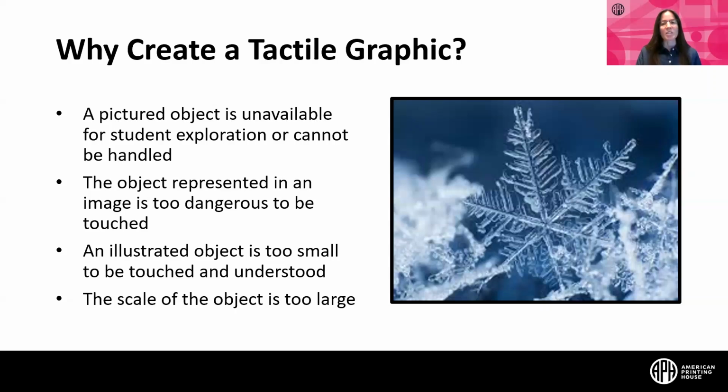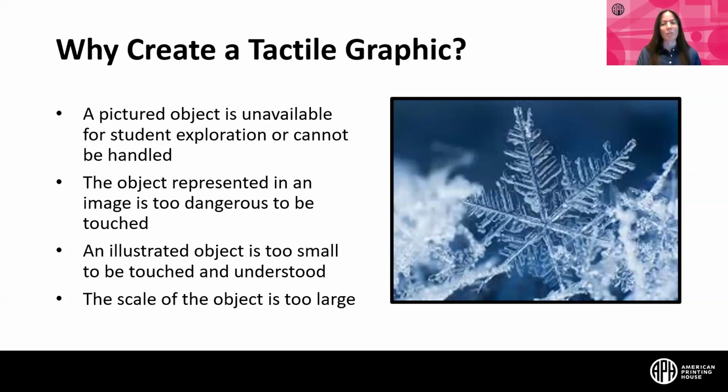However, it's not always necessary to represent print graphic information in a tactile graphic format. And there are some very specific academic reasons for representing information in a graphic form. For example, a pictured object might be unavailable for our students to fully explore or handle, like a snowflake, or a chemical reaction, or the planet Jupiter, or a meteor.